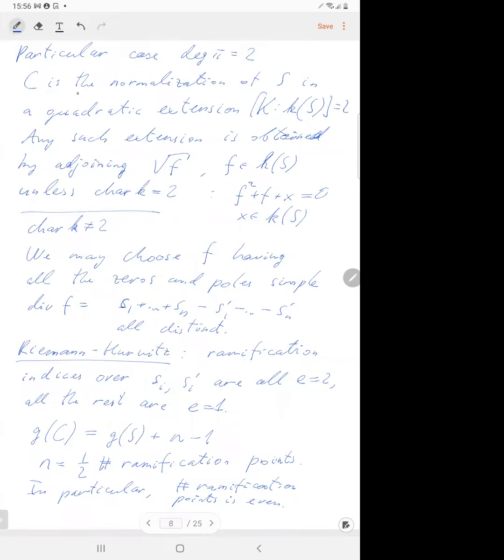Okay, and also in particular, if the genus of the base is 0, so the base is just the projective line, then the covering curve C is called hyperelliptic, and you will have the home assignment about hyperelliptic curves today.